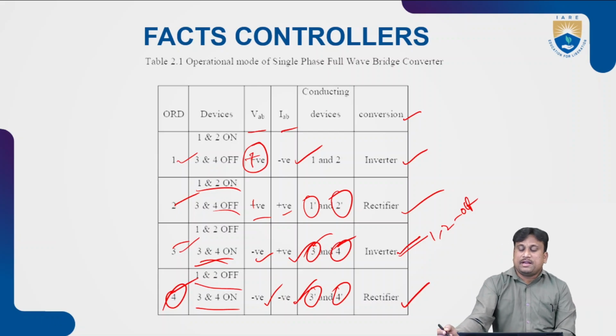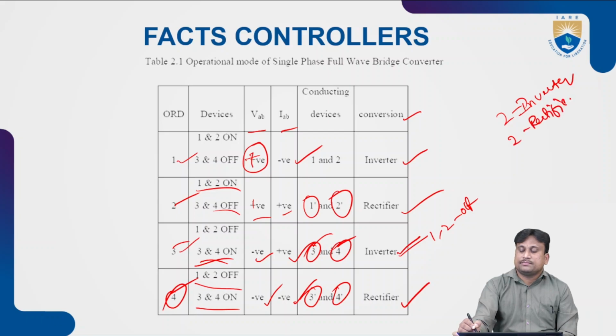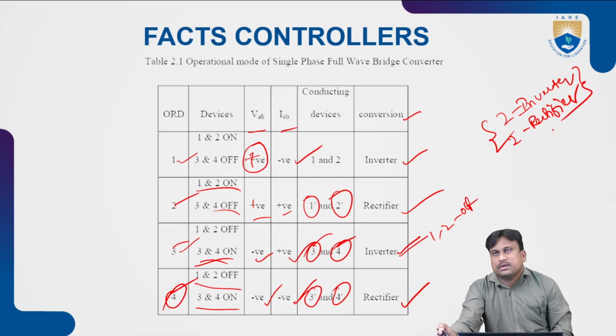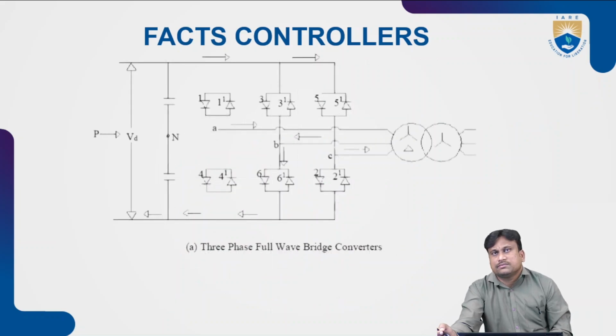Finally, we see 2 inverter operations and 2 rectifier operations. So inverter and rectifier operations both exist for this system.